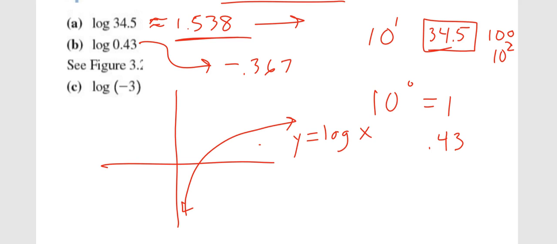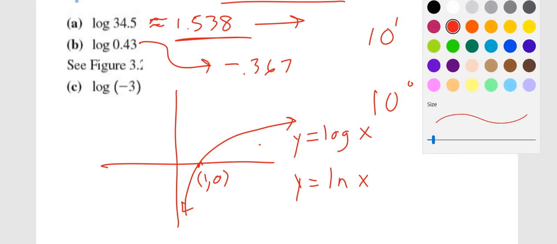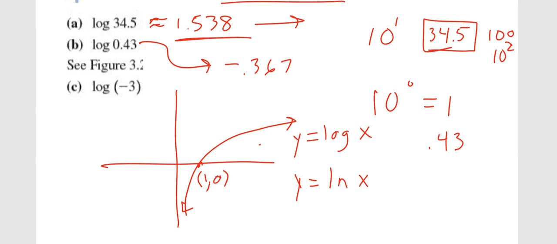And quite honestly, it wouldn't matter if it was a natural log or what base it was. They all look pretty much the same. And if there's been no scale changes or any kind of shifting going on, they all contain the point (1, 0). But the question I have for you is, what's the domain of the function? Hopefully all of you know that the domain would go from 0 to infinity.